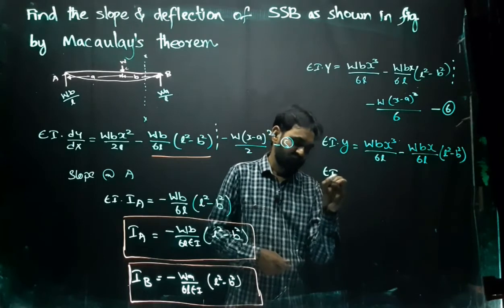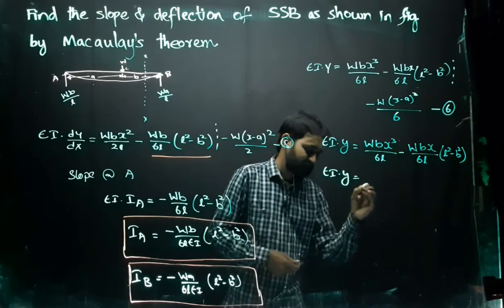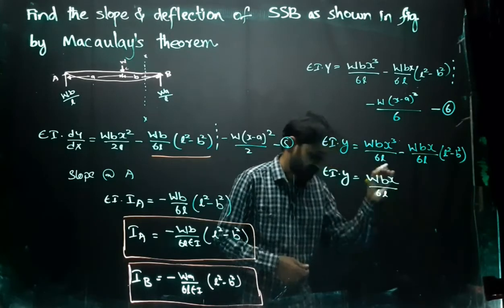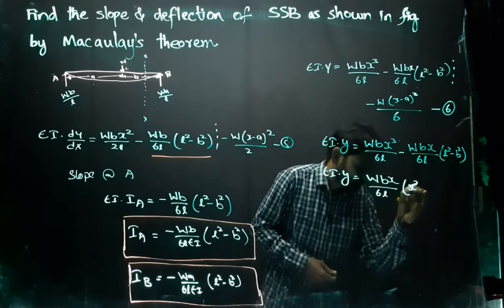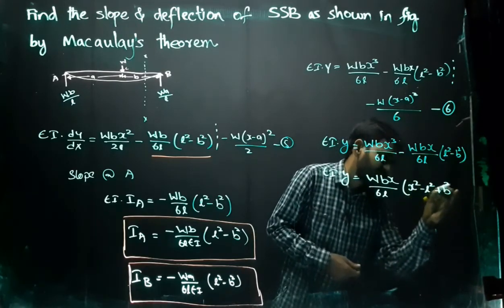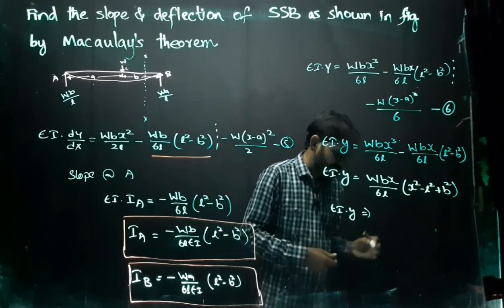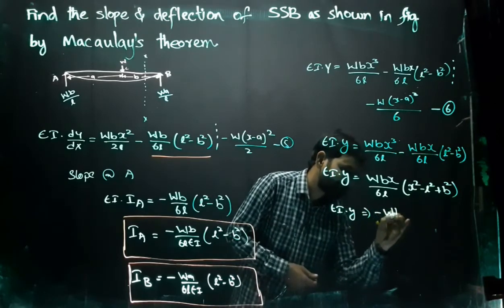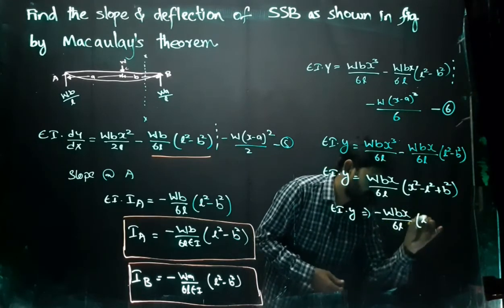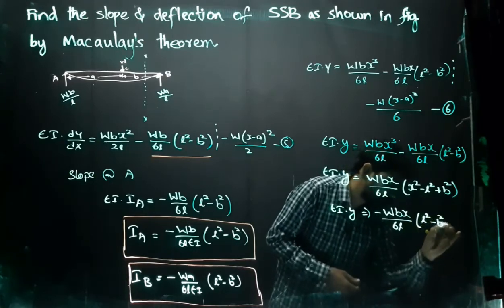EI into y, what is common? It is WBx by 6L into x square minus L square plus B square. I am taking minus as common, so minus WBx by 6L into L square minus B square minus x square.